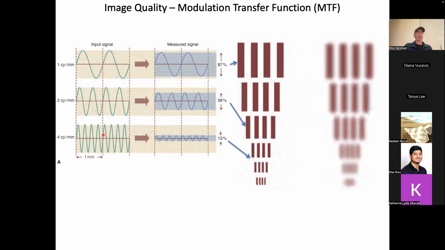And we ask the question, if I was to send this sine wave through my imaging system, what would the output look like? So now I have a wall, and instead of having a constant image on the wall, just a flat background, I'm going to draw vertical bars on that wall, and they're going to be equally spaced.